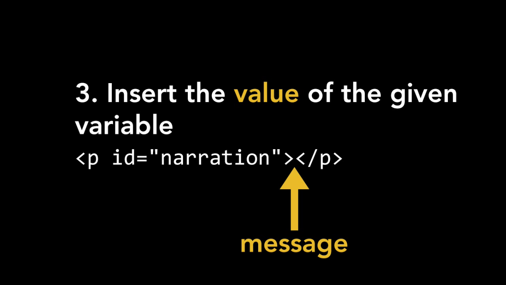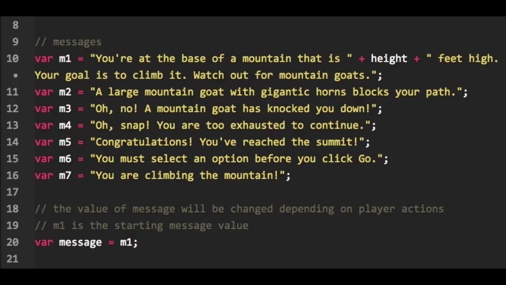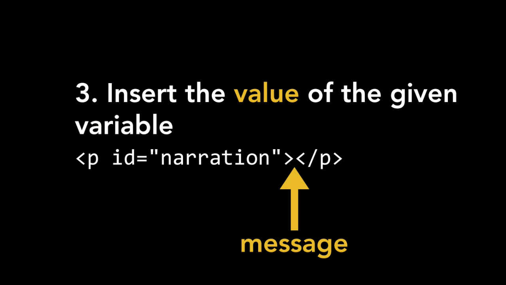Then that line in the script says, put the message in there. But not the word message, right? We are talking about a variable. The variable message contains some value. In this script, it has received that value from M1 or M2 or M3 or one of those M's, and that value is a bunch of text. It's a string. It's between quotes, right? So that message is going to go inside, and whatever message holds is going to go inside.